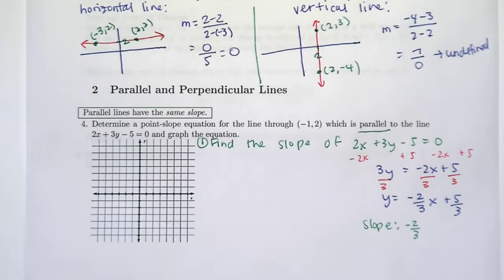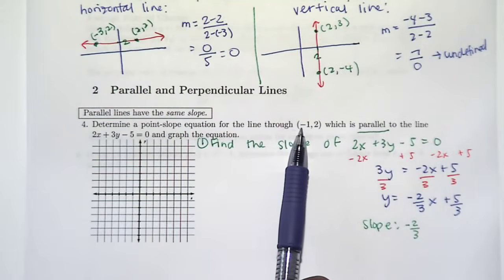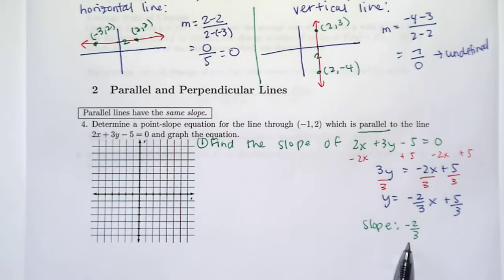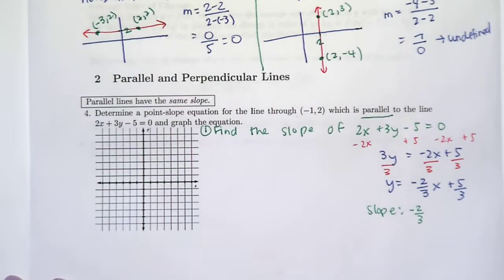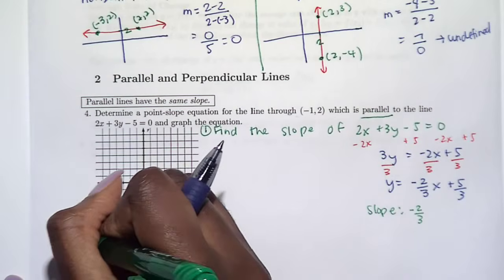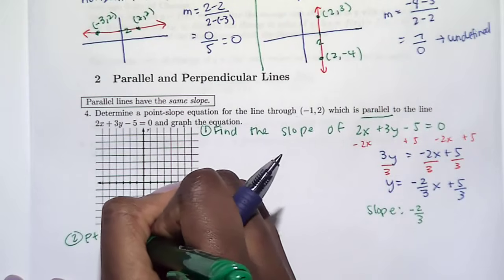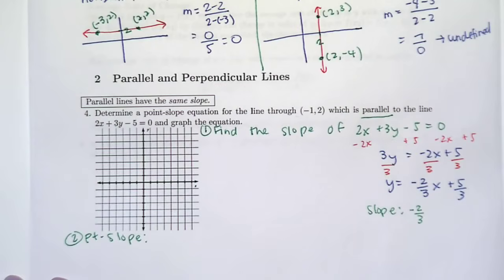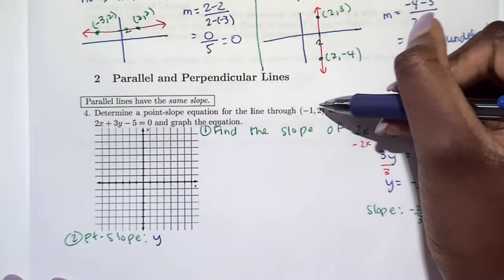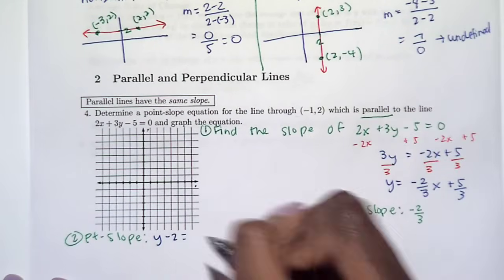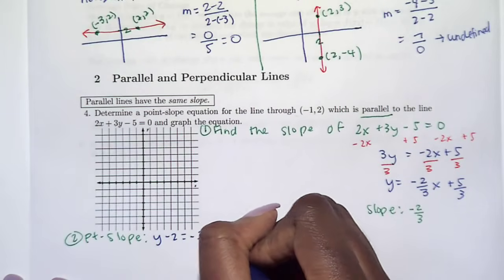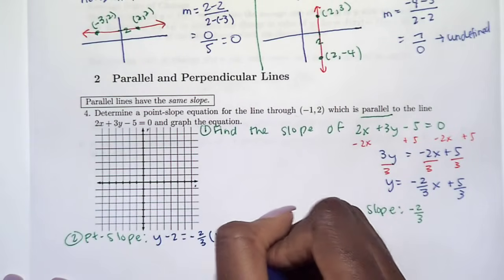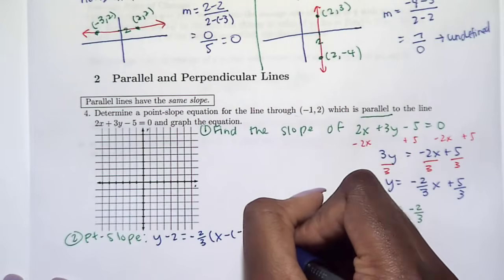So what are all the things we know about our line? We know that it goes through this point and it has this slope. So that means we need to use the point slope form. All right, so I'm going to use this space over here. Let's use the point slope form. So y minus our y value equals our slope, x minus our x value.